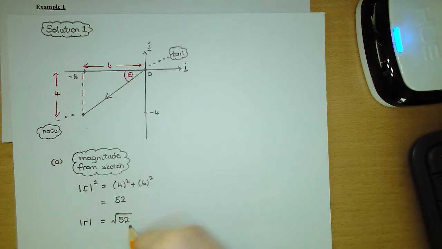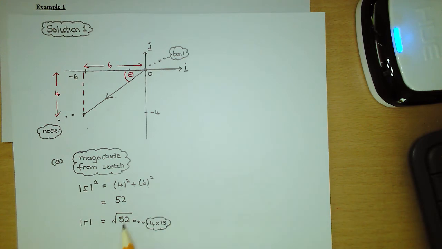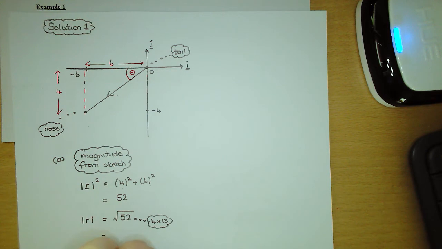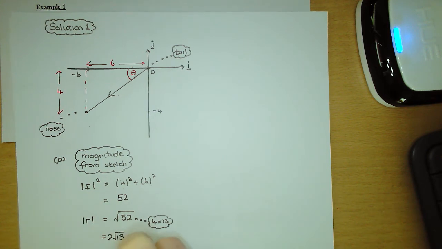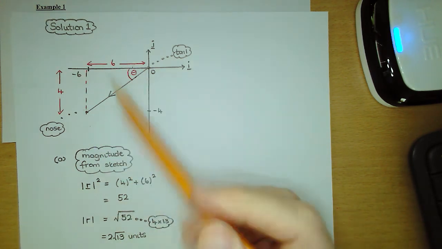The largest square number that goes into 52 is actually 4. So it's actually 4 times 13. So we can break it up and write it as root 4 times root 13, which is going to give us 2 root 13 units. So that's our answer for the magnitude using Pythagoras directly from the sketch.